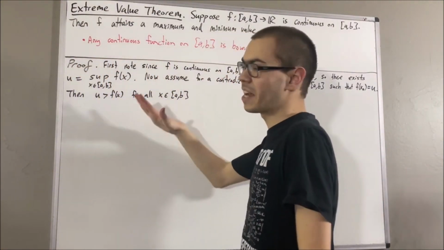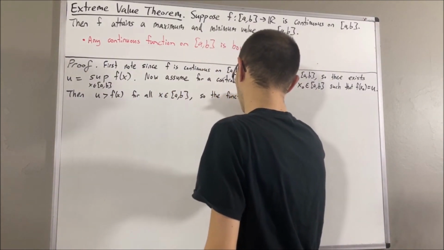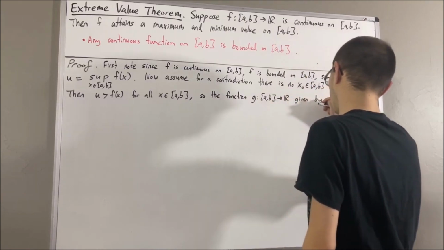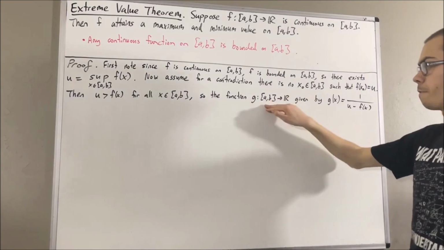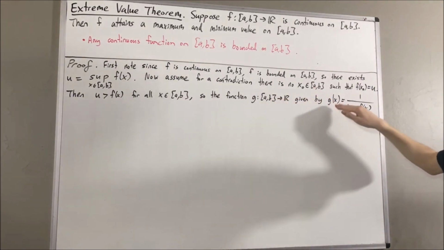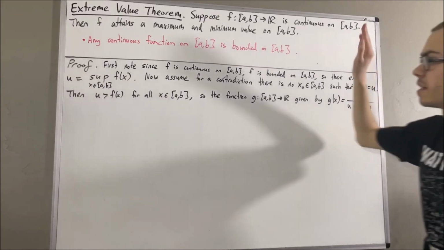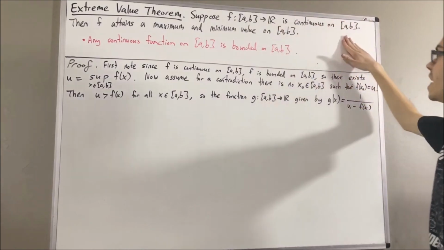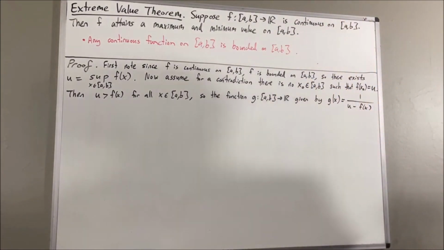So then, the idea is, we consider the following function. We consider the function g from [a, b] to R given by g(x) = 1/(u - f(x)). Now, since f is continuous on [a, b], we have that g is continuous on [a, b] as well.